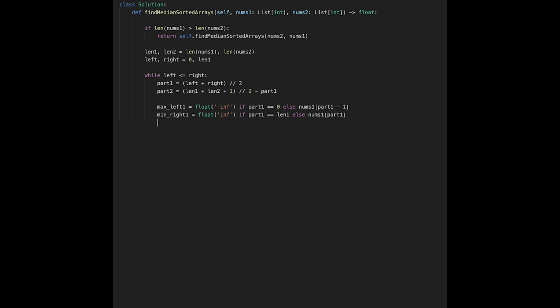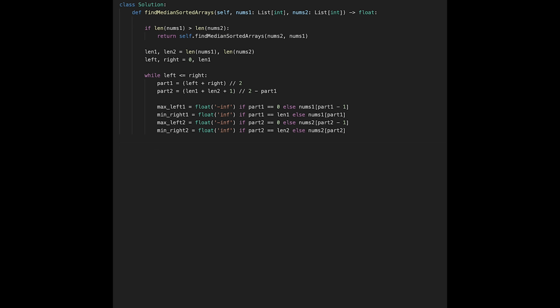And then max left 2 equals float, and this is the left side, so negative infinity, if partition 2 equals 0, else nums2 at partition 2 minus 1. And minimum right 2 equals float infinity if partition 2 equals length 2, else nums2 at partition 2.